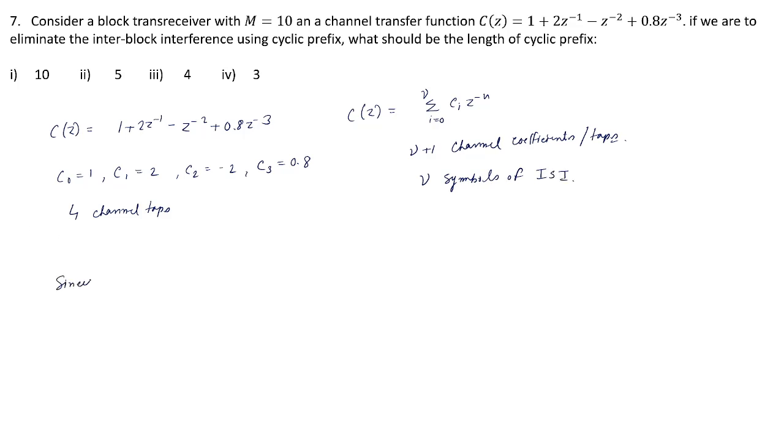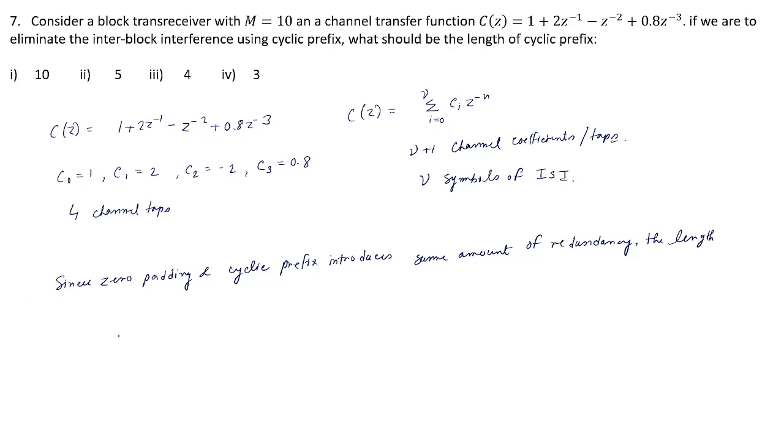So since zero padding and cyclic prefix introduce the same amount of redundancy, the length, we have already seen for the zero padding system, you need mu zeros to eliminate interblock interference. The same is for the cyclic prefix also.